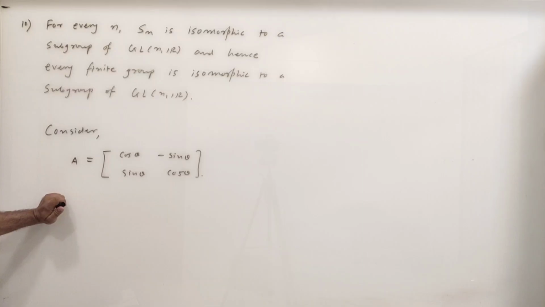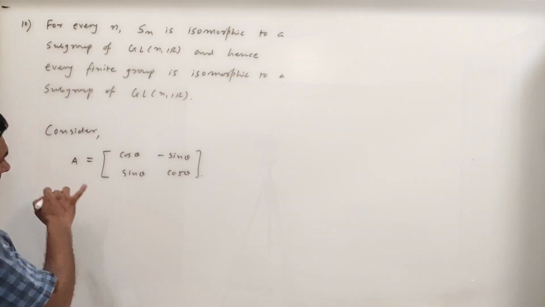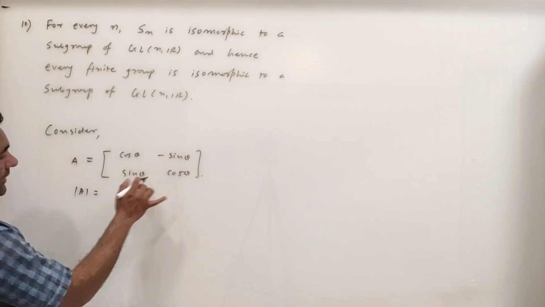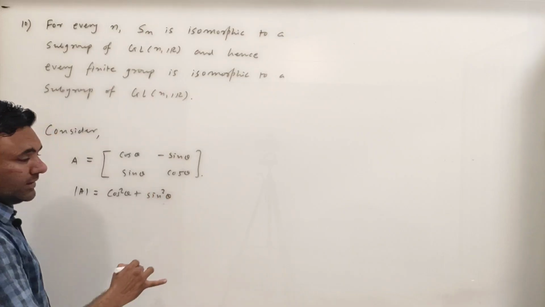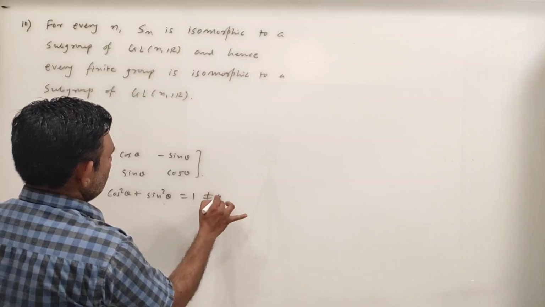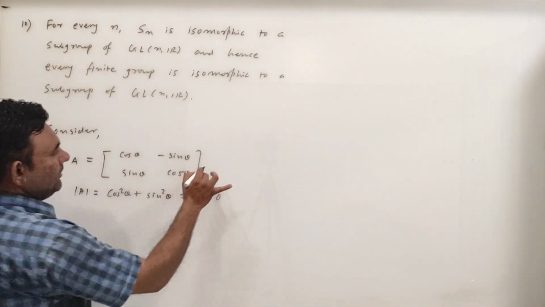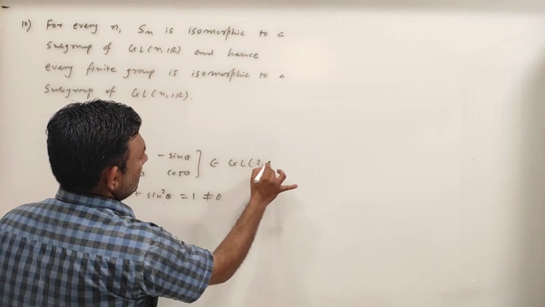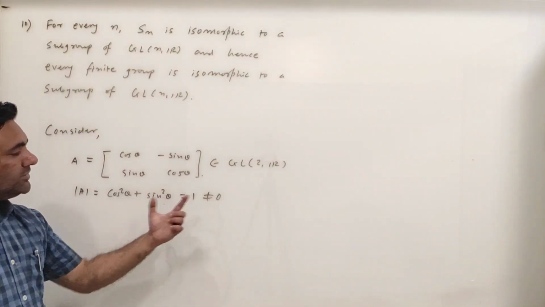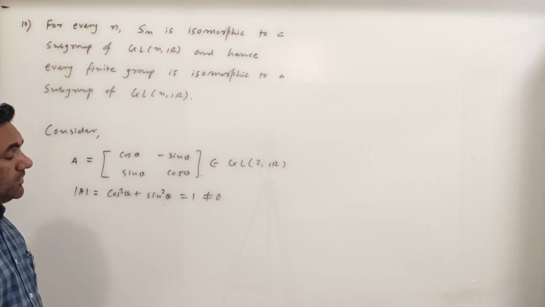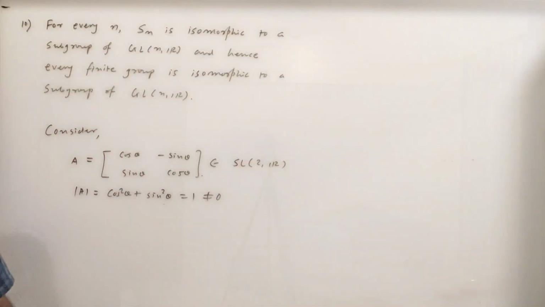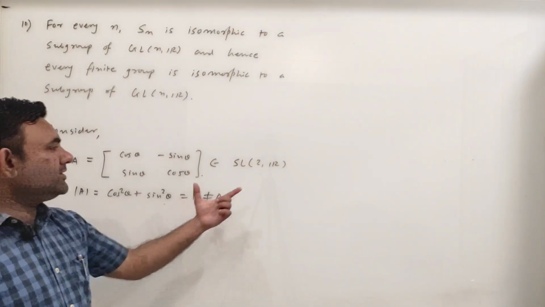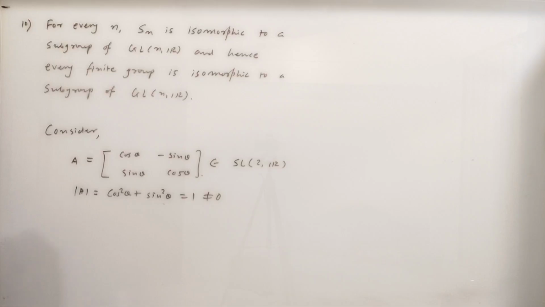First of all, the determinant of A is cos square theta plus sin square theta, which is 1, so it is non-zero. So A is an element of GL2R, but since its determinant is 1 also, it is an element of SL2R as well as GL2R. Right now I am considering it as an element of SL2R.